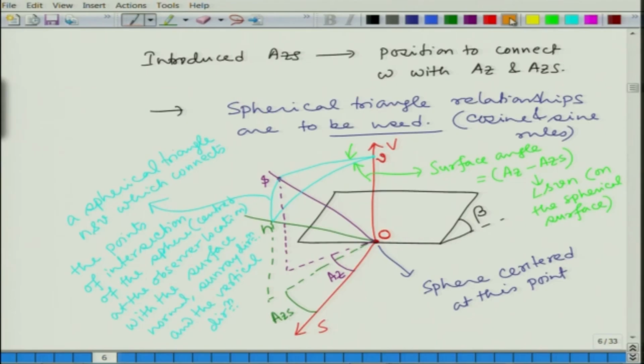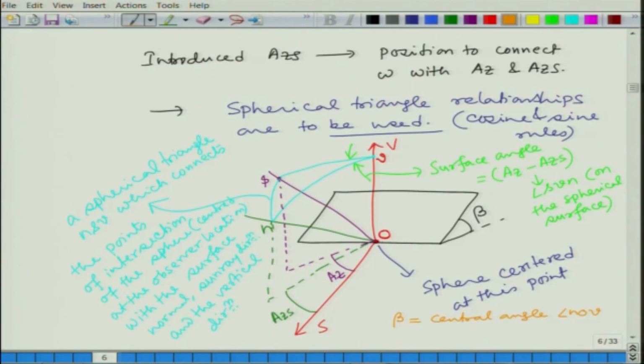Again, you have to visualize that beta is nothing but the central angle NOV. Okay. So, what is the central angle NOV?